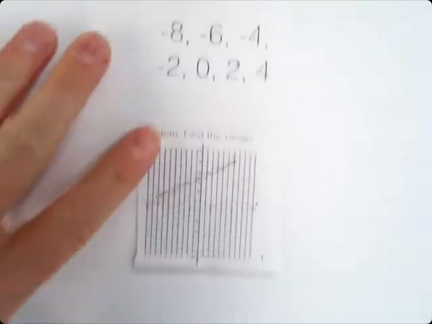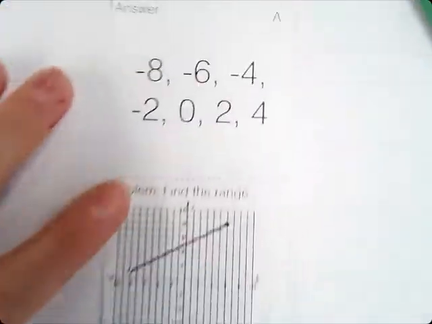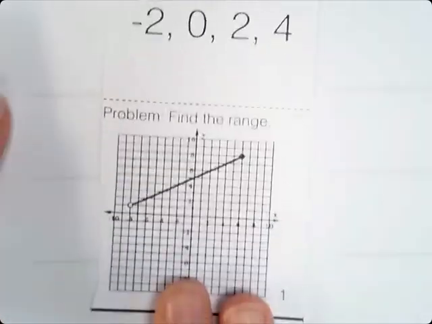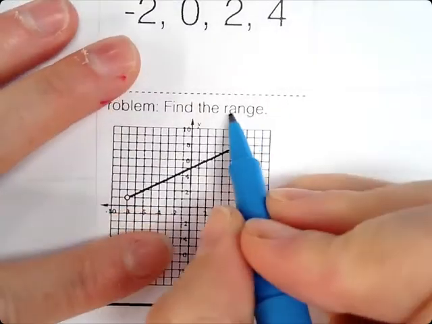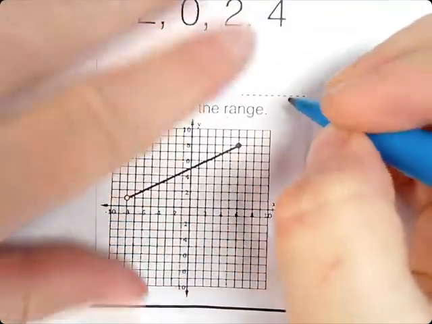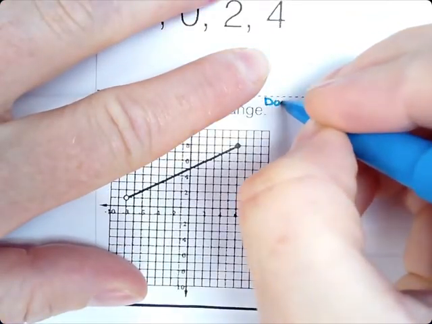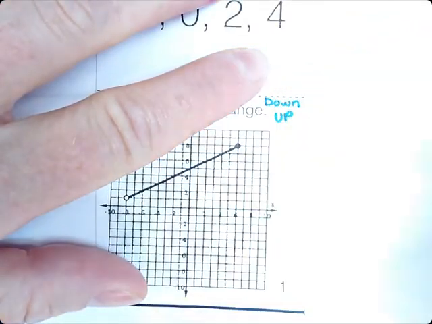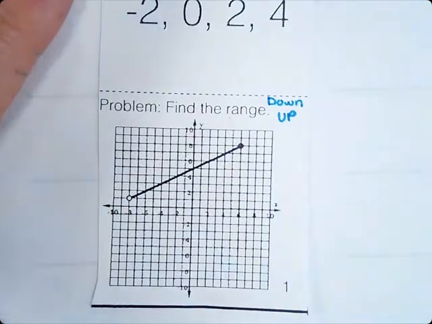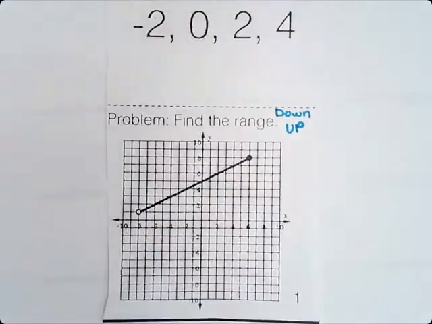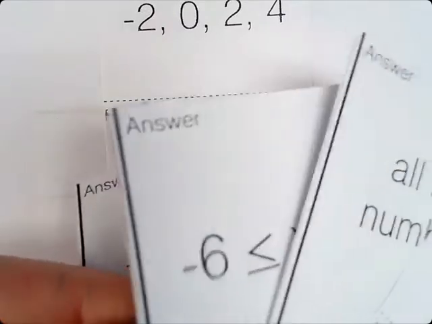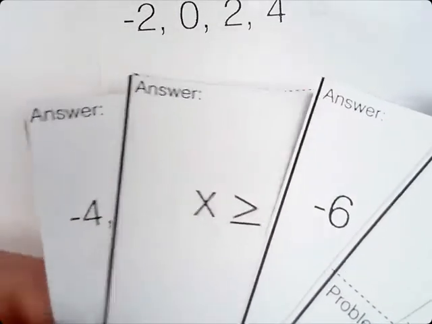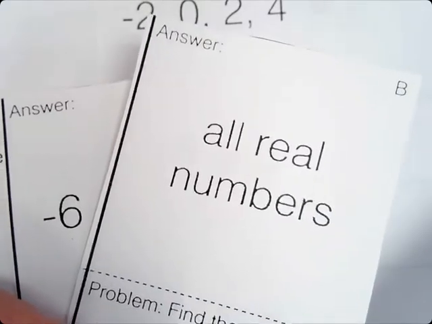So let's see. It says, find the range. So if you need to look back at your notes, remember that range is how far down to how far up. And as you can see from our cards, we have inequalities or list or something like that, all real numbers.